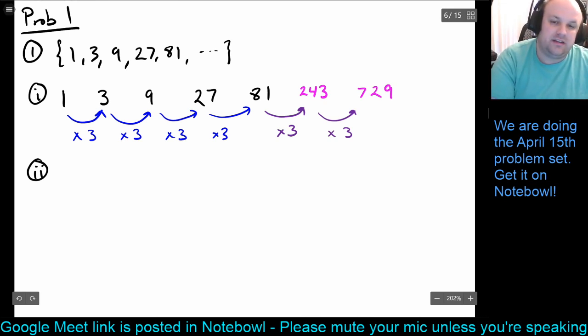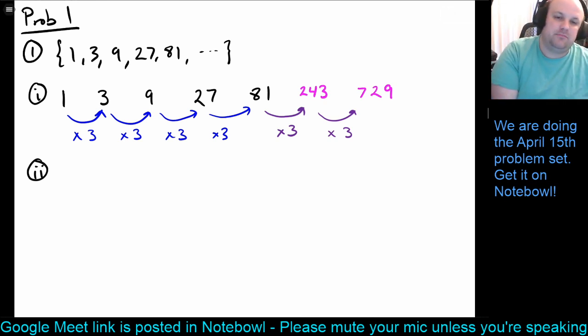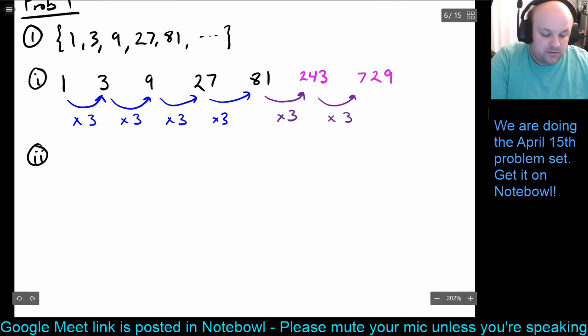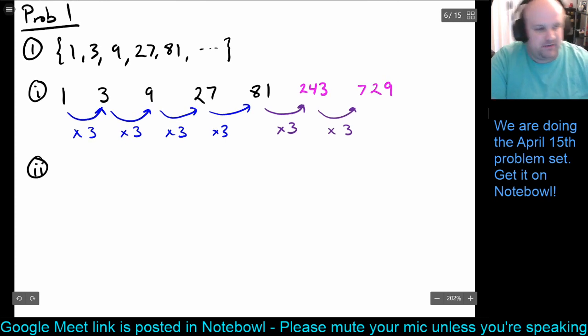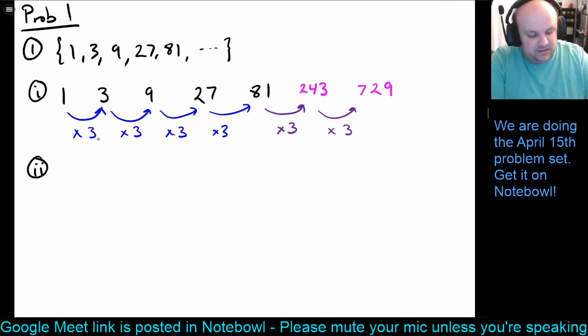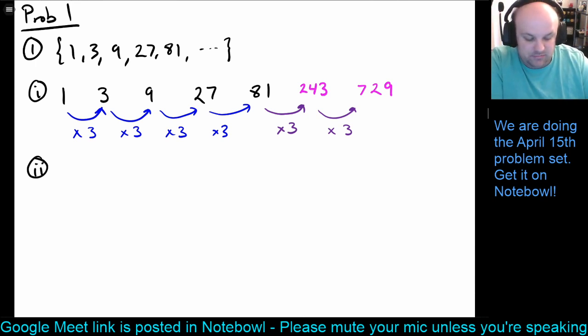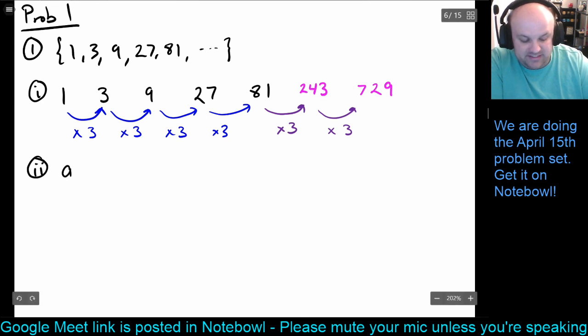So let's go ahead and go to the next part here, which is we want to write down a recurrence relation. This one's not too bad to figure out because we know what we're doing each time to get from one term to the next. One thing that can help you figure out how to write this down is, with a recurrence relation, we always need a seed value.